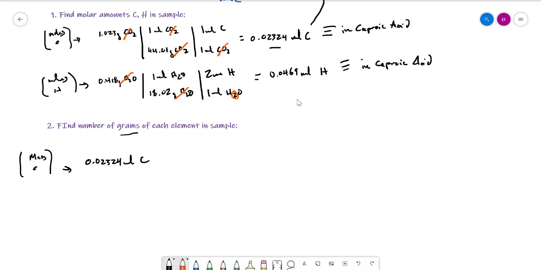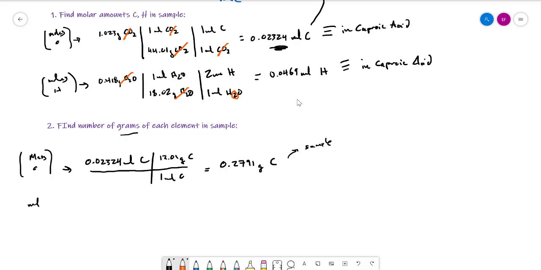For every 1 mole of carbon, there must be 12.01 grams of carbon in that sample, which equates to 0.2791 grams of carbon in the original caproic acid sample.